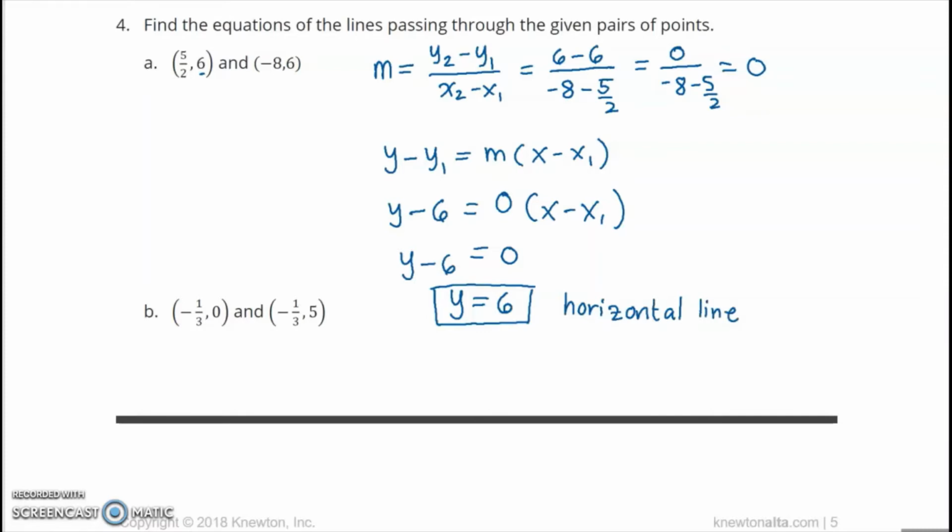So this is a horizontal line, y equals 6. When the slope is 0, so when m is equal to 0, we have a horizontal line.